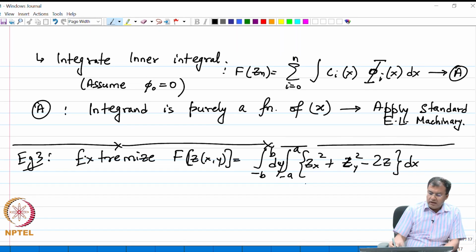We know that the Euler-Lagrange solution to integrands having two independent variables x and y is as follows.